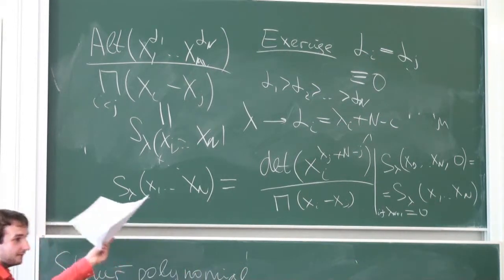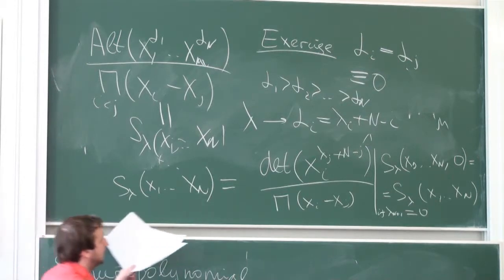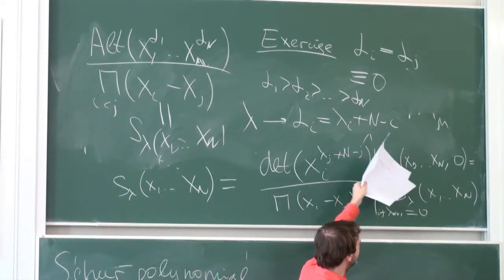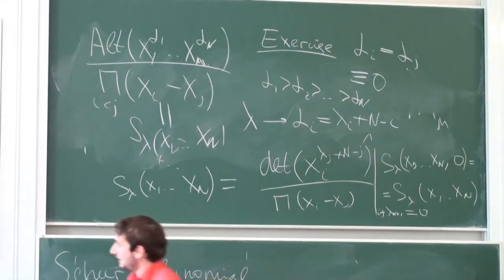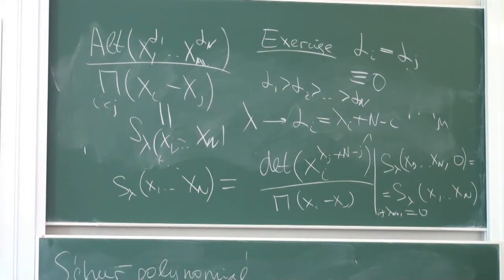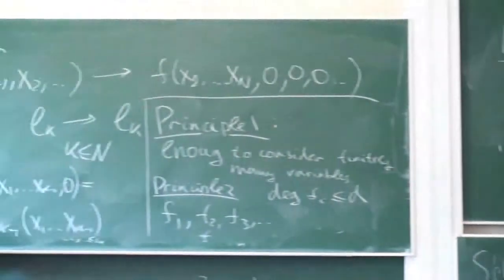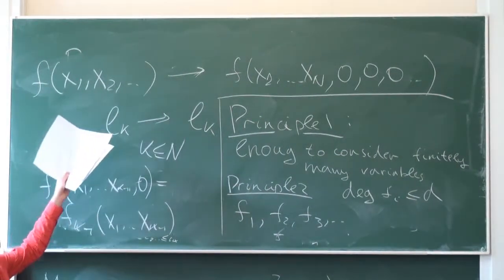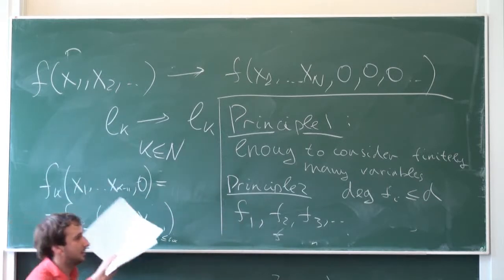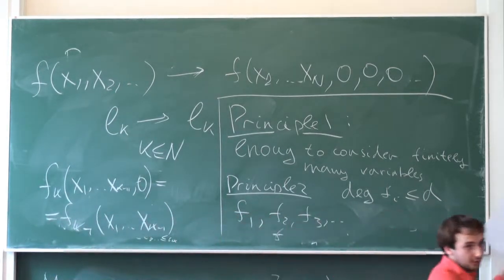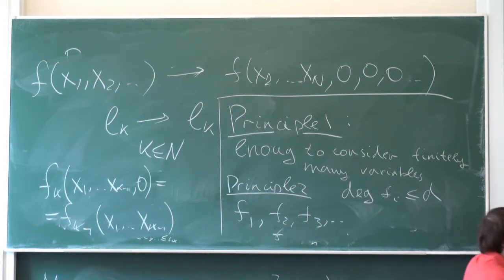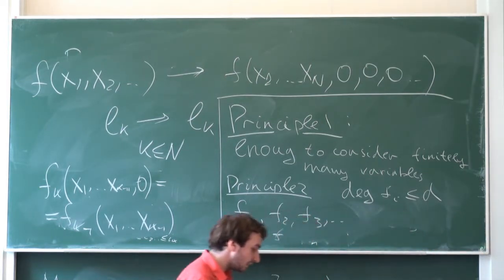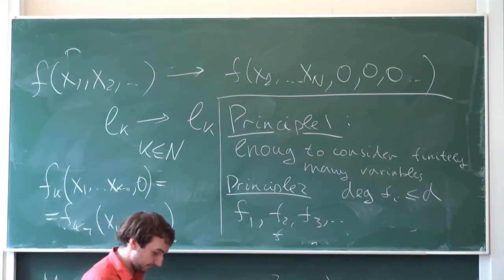Which means that for any fixed partition, if we have large enough n, then we get exactly such a sequence, so that after substituting 0 you get the previous element. It means that this sequence defines our polynomial. So the Schur polynomial can also be viewed as a polynomial in infinitely many variables, defined in this way. Okay, so this is the Schur polynomial.